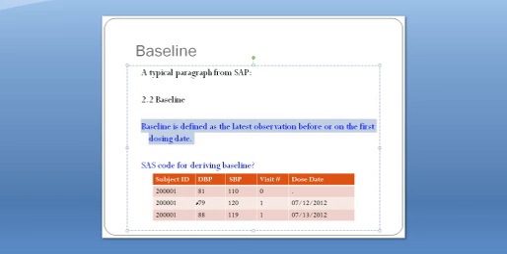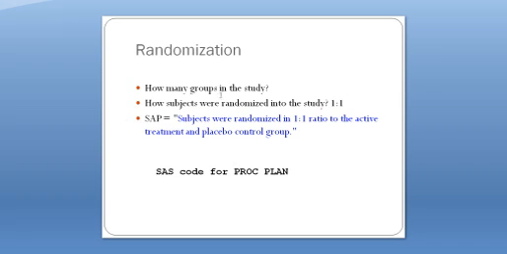In that scenario, you can get your ITT population done. Now, another thing we mentioned is the randomization. Another way to define the ITT population is to look at the randomization. So you can use these concepts to do the ITT population if your SAP says so.